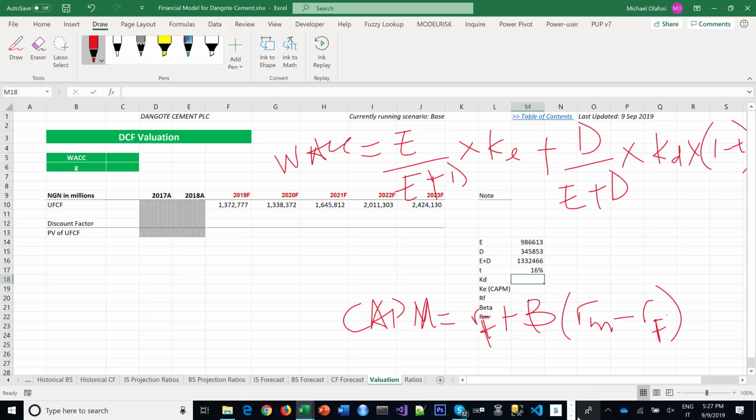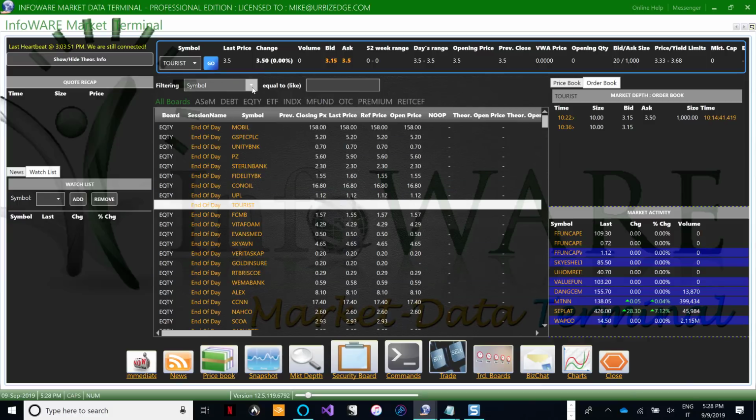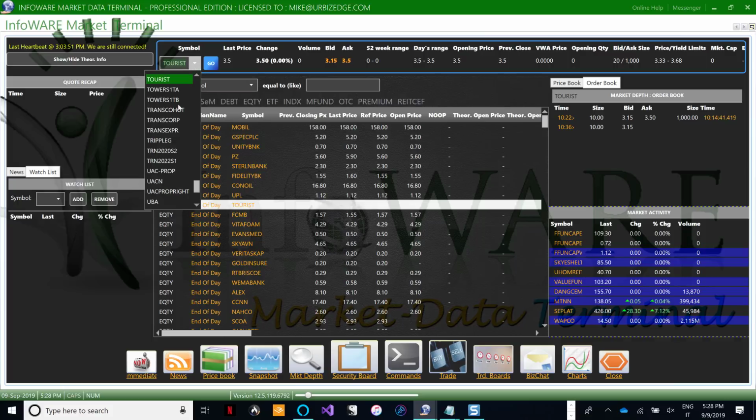I also have this investment app where I can look up the different things. Let's see if I can show you Dangote's commercial paper.